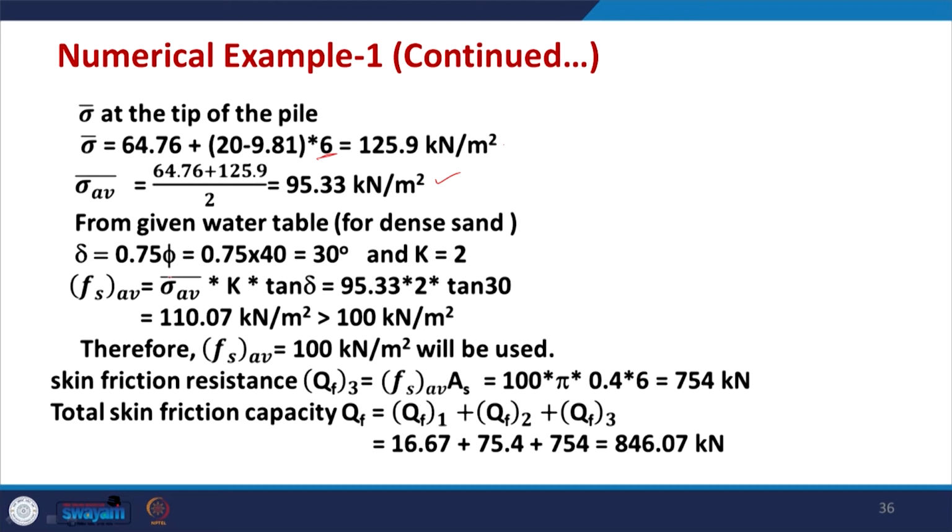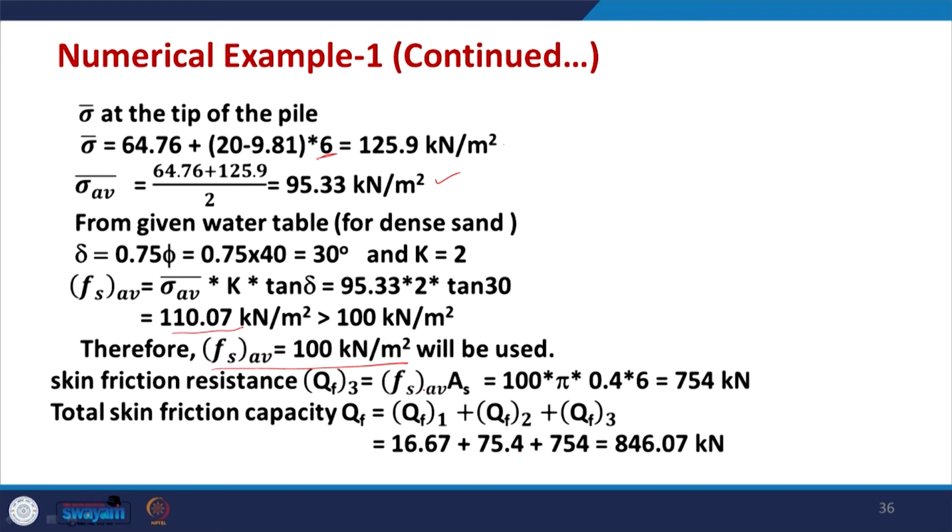Now delta is 0.75 phi, where phi is 40 degree now, and k for dense sand is 2, earlier it was 1. So you end up with an Fs average value of 110.07, and this is more than 100 kilonewton per meter square. So Fs average used in the calculation is only 100 kPa for this third layer.